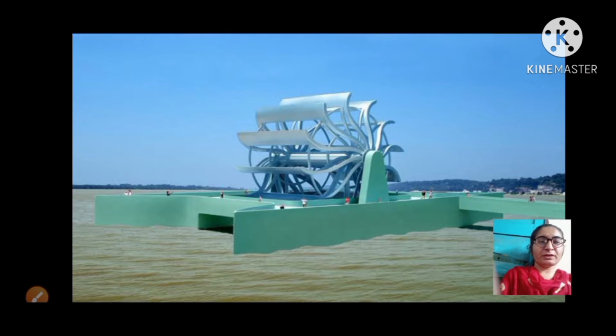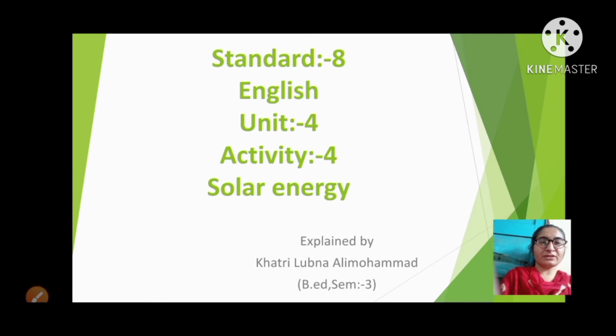So, students, today we are going to study about a similar, new energy, which is solar energy. So, let's begin our new topic of Unit 4, Activity 4, Solar Energy.